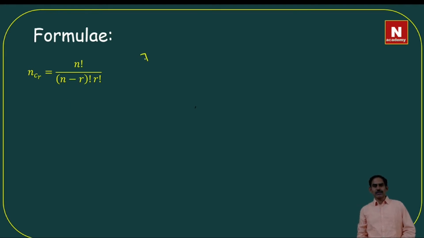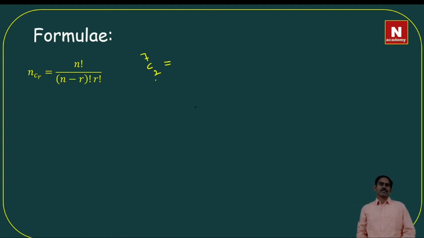Formulae: one of the formulas is nCr equals n factorial by n minus r factorial into r factorial. So using this formula, for example, 7C2 is required.